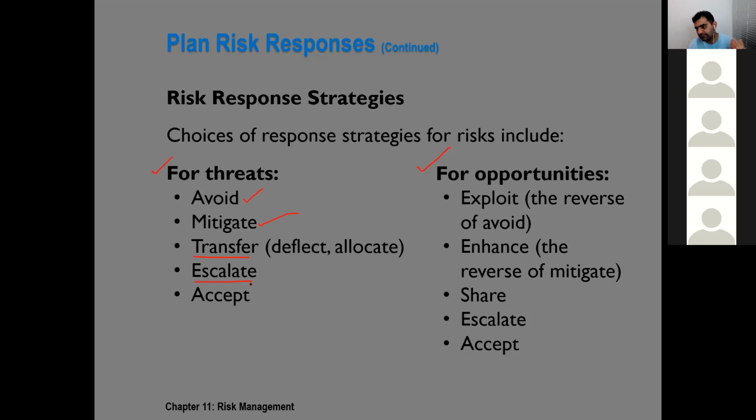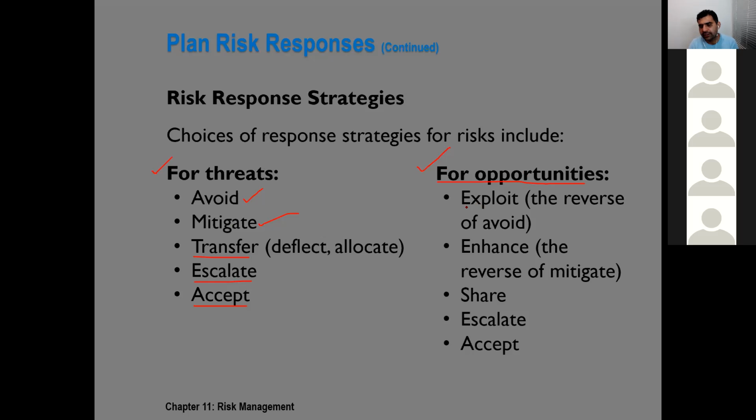Escalate it to our senior management or to the client. Or if there is no chance that we can avoid or mitigate, then sometimes we have to accept those risks, and normally we try to determine the workarounds if the risk comes.